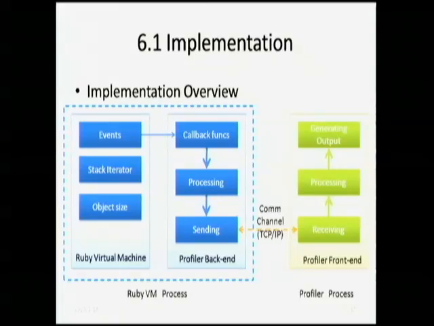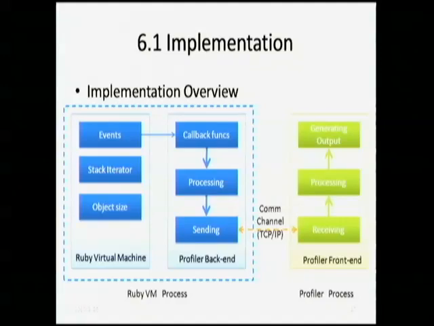And we implemented the communication channel over a socket, so we can use it over the network. And the front end is implemented using the Java Swing library as an example. Of course, you can use your favorite GUI library to implement it.